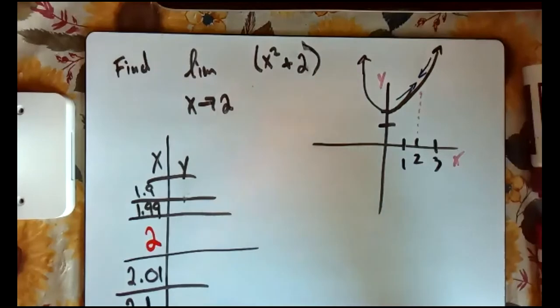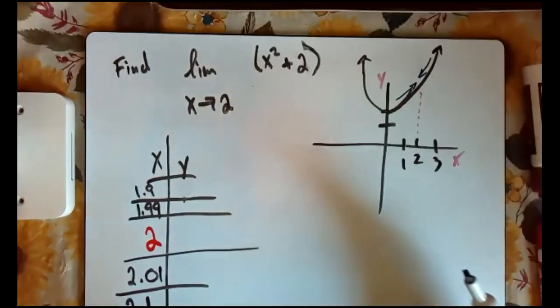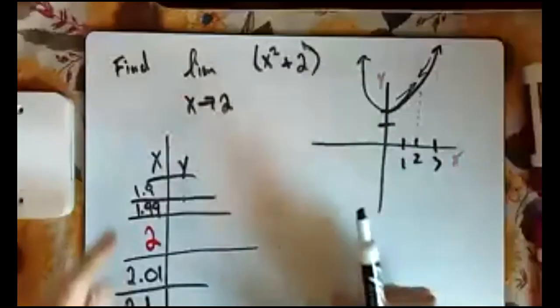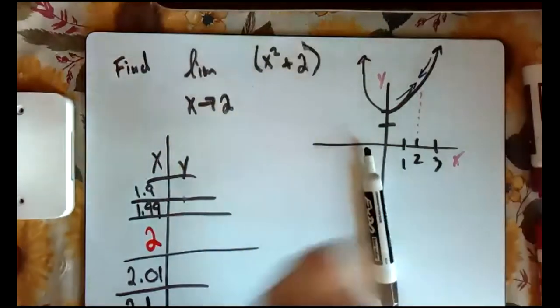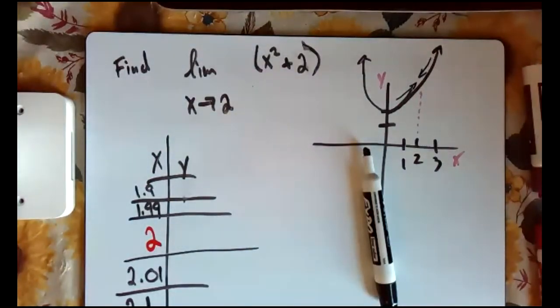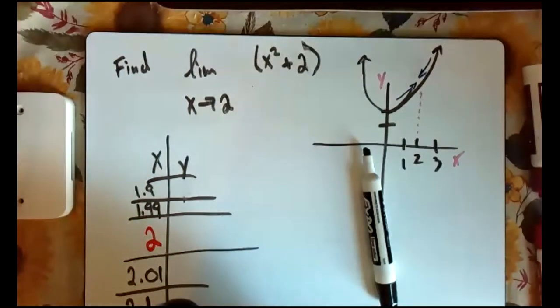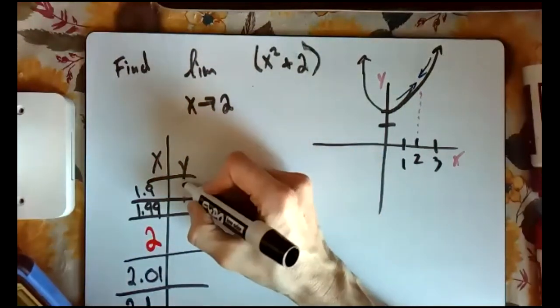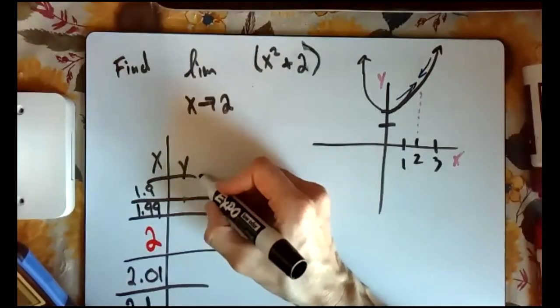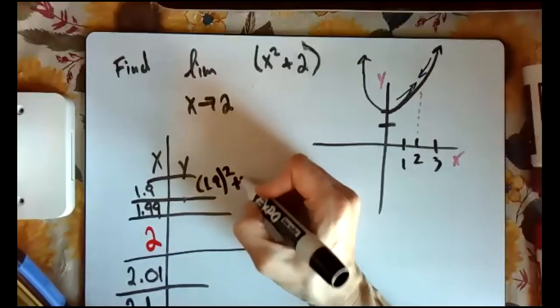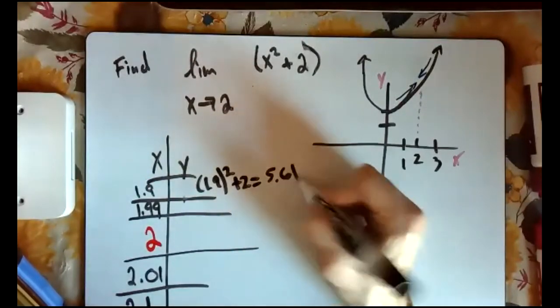Now, what happens when we plug these values in? If we were to plug in 1.9, for example, what are we actually going to get for x? Let's see what happens. So let me grab output. When x is 1.9, I'm jamming 1.9 into here, right? I'll just do it for this first one. You have 1.9 squared plus 2, and that gives you 5.61, right?